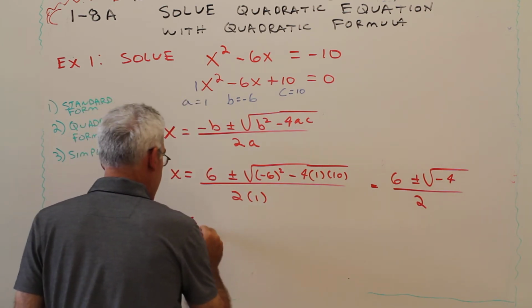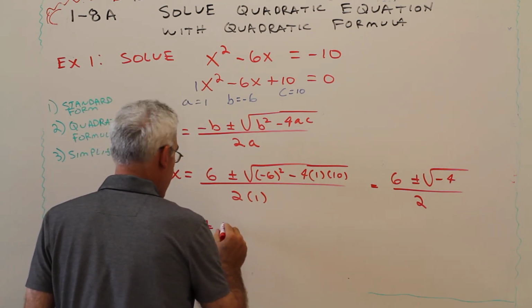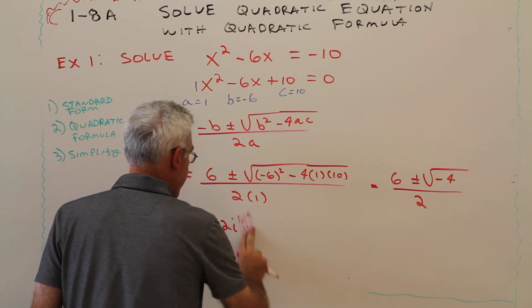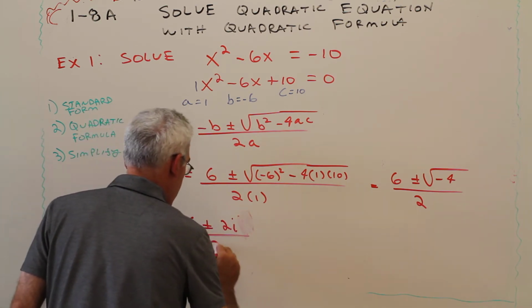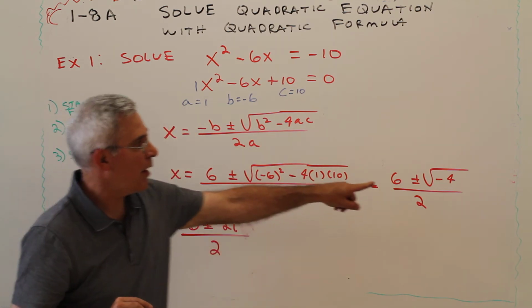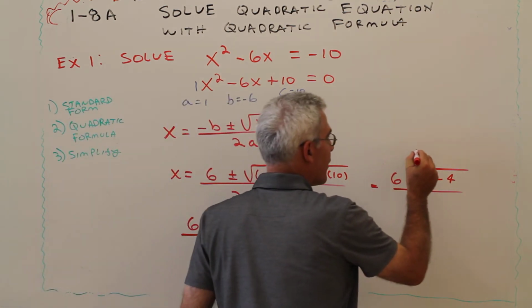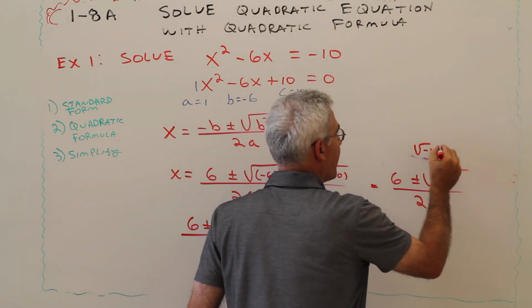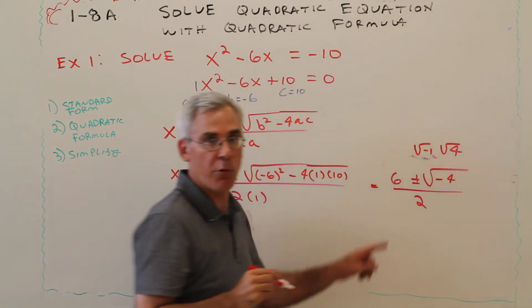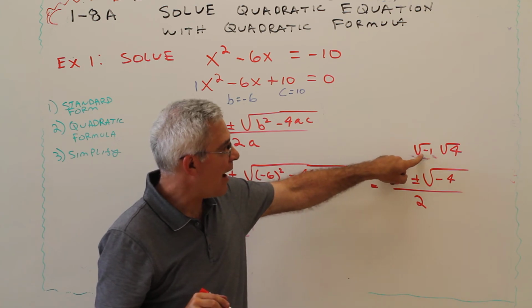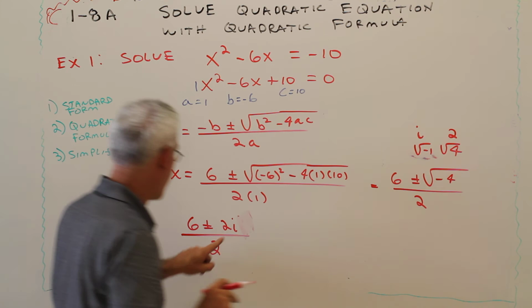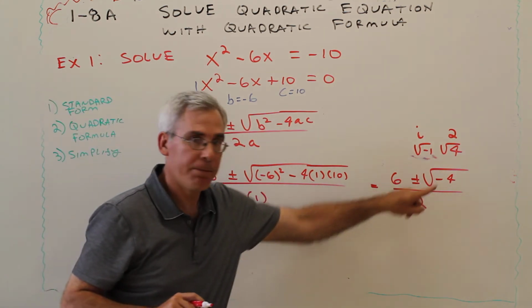That's going to be 6 plus or minus 2i all over 2. Again, this can be written as the square root of negative 1 times the square root of 4. That's i, and that's 2. So that's where my 2i comes from.